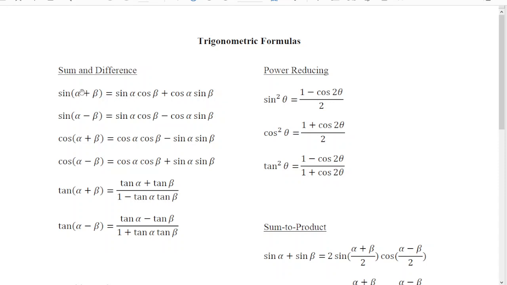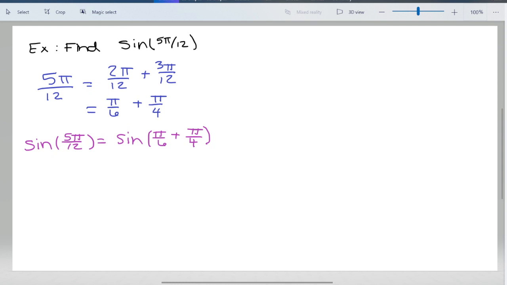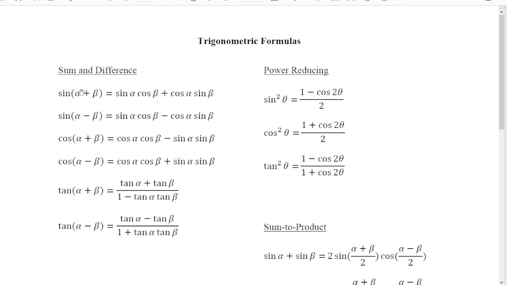So this is going to be pi over 6 and this one is going to be pi over 4. I'm just going to use this exact formula with alpha being pi over 6 and beta being pi over 4.